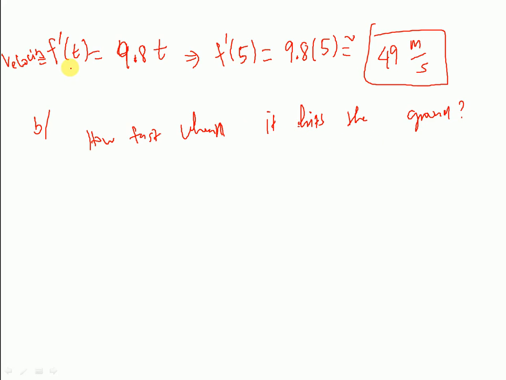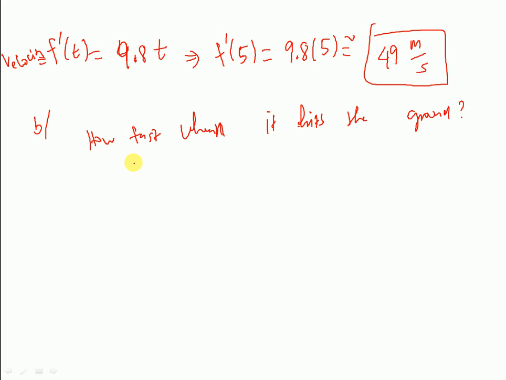Now we have the velocity function, but we don't know the time t when the ball hits the ground. If we know the time t when the ball hits the ground, we can just plug into this velocity function and we can find the speed, how fast that is. So we got stuck there.